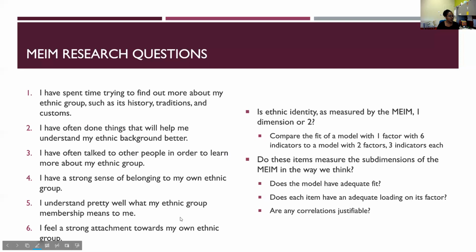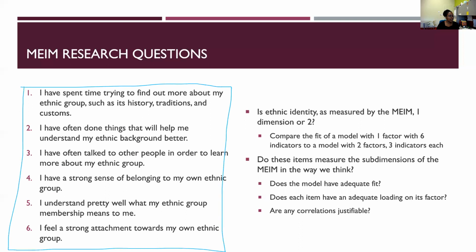All right, so here are the 6 items that are in the MEIM-R over here. And then these are the research questions. Is ethnic identity as measured by the MEIM 1 dimension or 2? In order to answer this question, we're going to do 2 models. One model is going to have 1 factor with 6 indicators. So basically, we're going to have 1 factor with all 6 items predicting it, or being predicted by it.